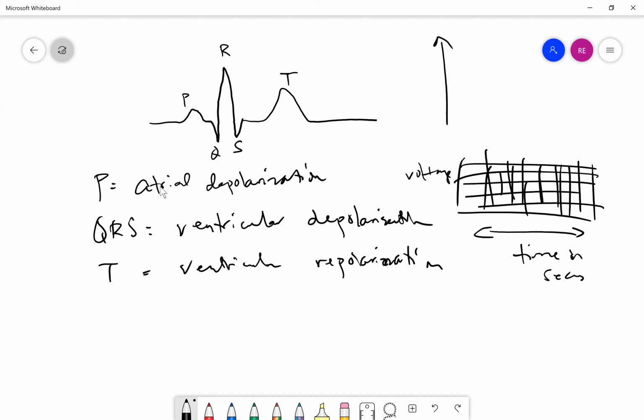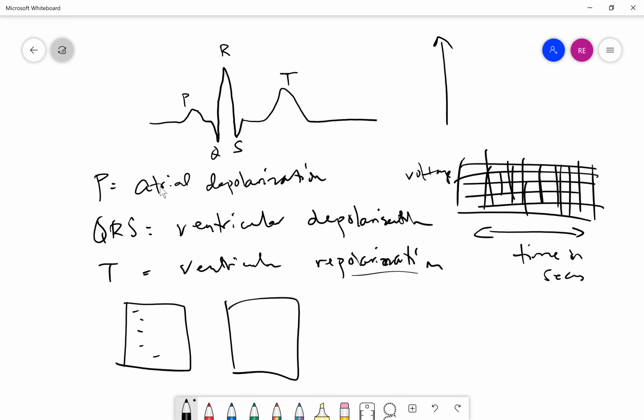And even when it's not contracting, T wave is repolarization, meaning the ventricles here are starting to get more positively charged again. If you remember this from A and P, let's say this is a resting cell. A resting cell which has just depolarized is more negatively charged. As it starts to repolarize, the cells are becoming more and more positive.